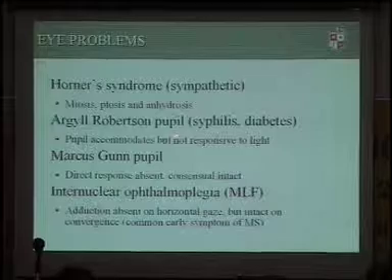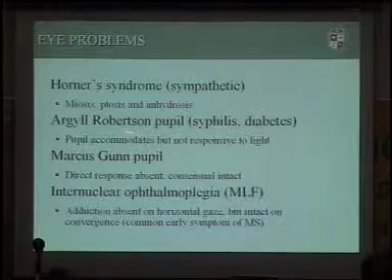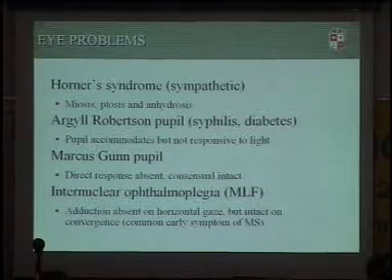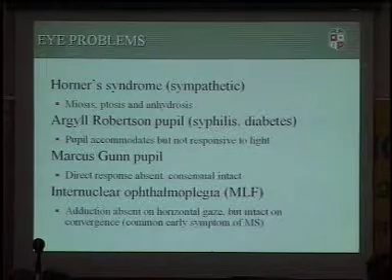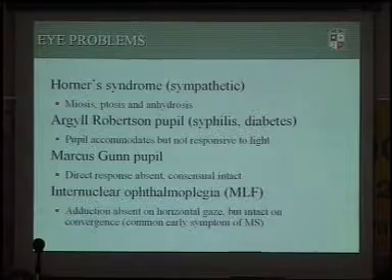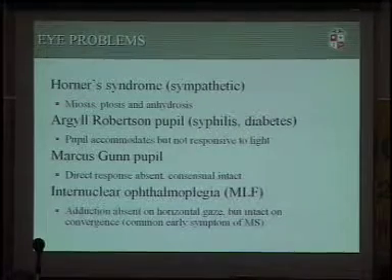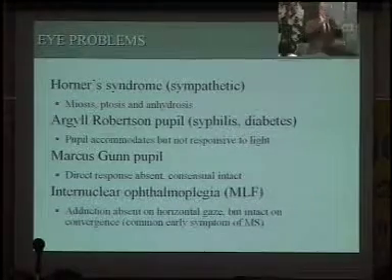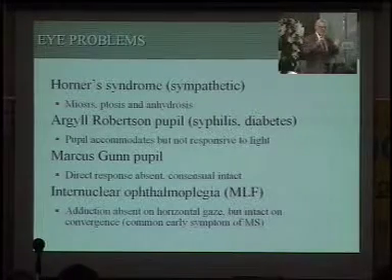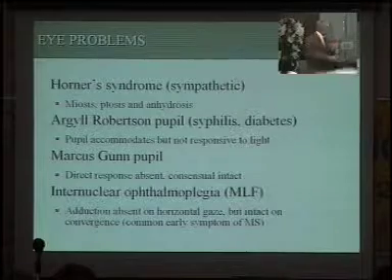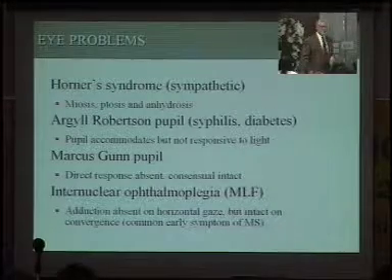Okay, and that is lost in individuals with tertiary syphilis, called the Argyll Robertson pupil. However, if you bring something close to the nose, the accommodation reflex is still there. That means that the accommodation response is somewhere else in the brain besides where the pupillary light reflex is.